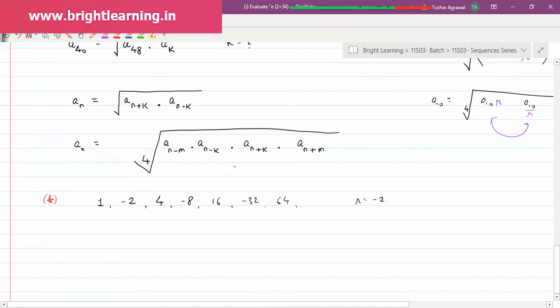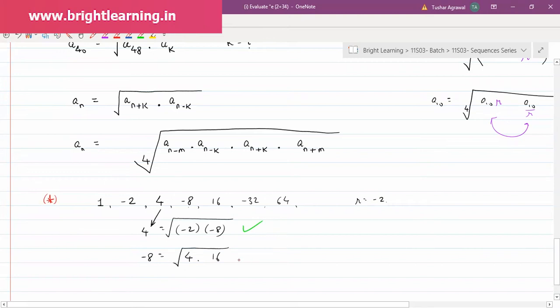So what is the problem with the property? If you take this 4, it equals the previous term -2 times the next term -8, under root. This result is correct. But if you say, sir, for this -8, I will do: -8 is equal to the previous term 4 times the next term 16, under root.